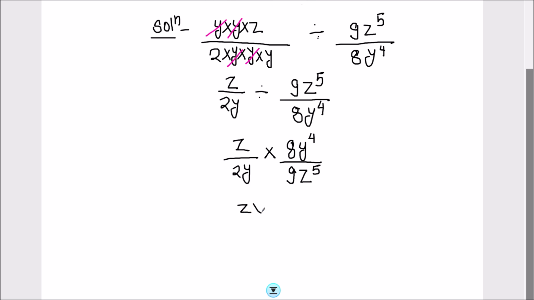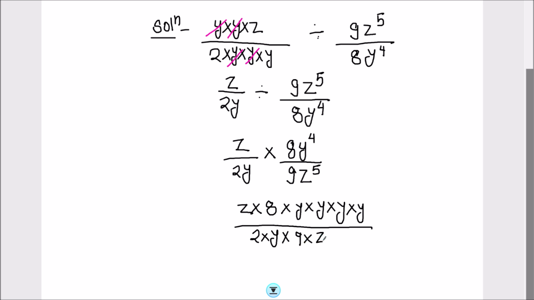So this is going to be z times 8 times y raised to power 4, which can be written as y times y times y times y, divided by 2 times y times 9 times z raised to power 5, which can be written as z times z times z times z times z.